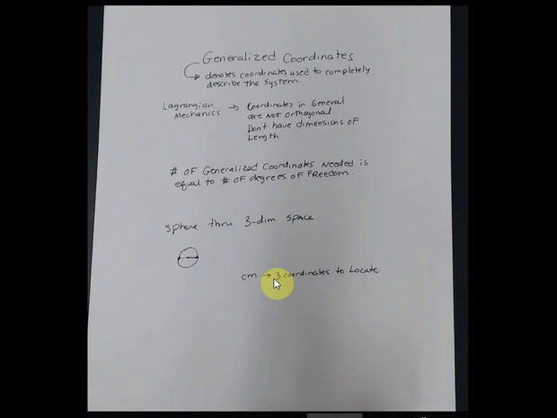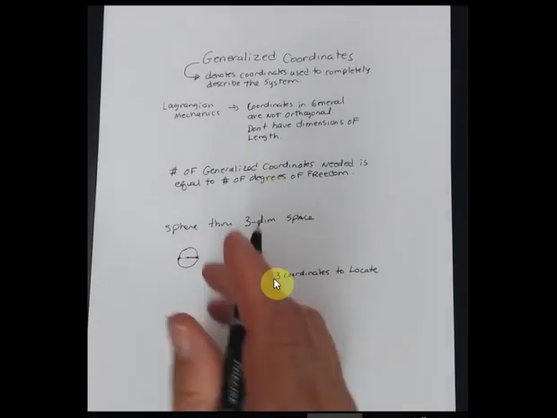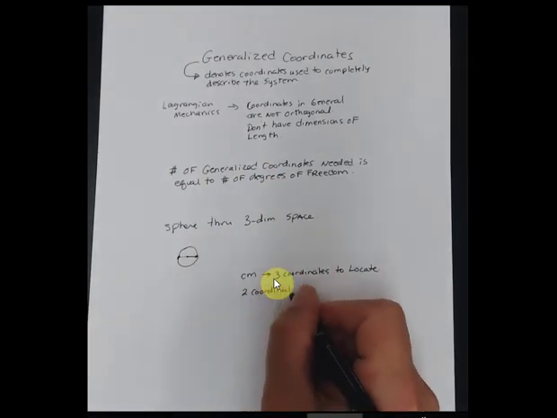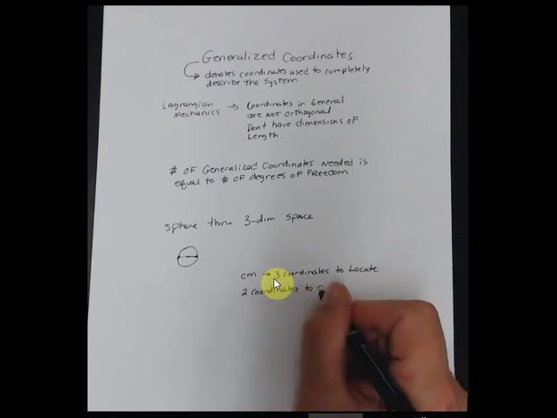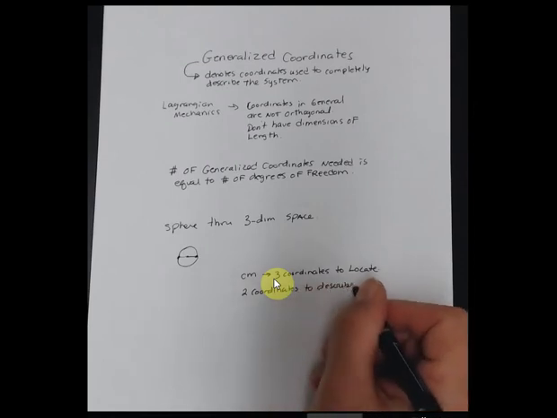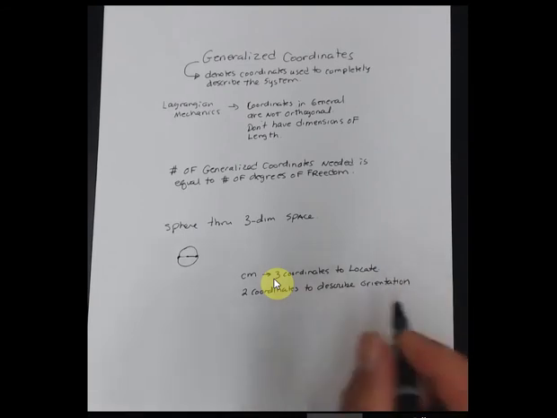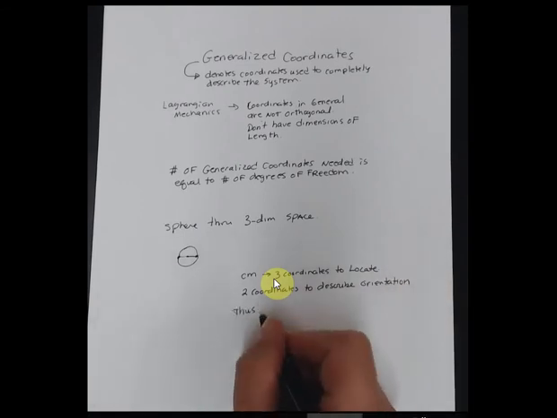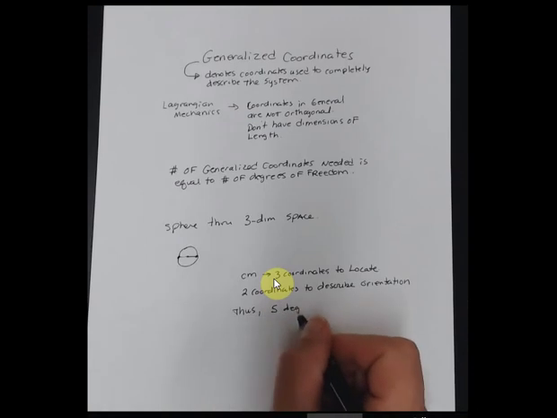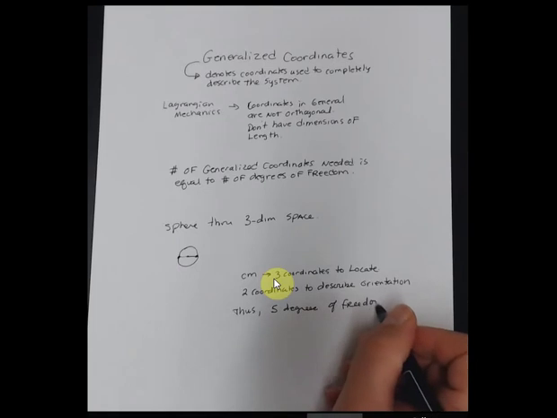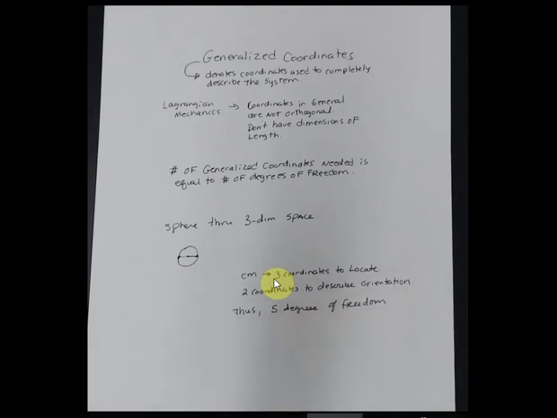So we need two coordinates to describe the orientation of the sphere. So thus you'd have 5 degrees of freedom. So we need 5 different coordinates to specify this sphere moving through space.